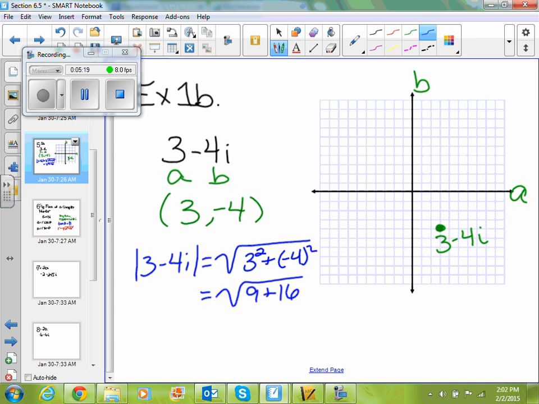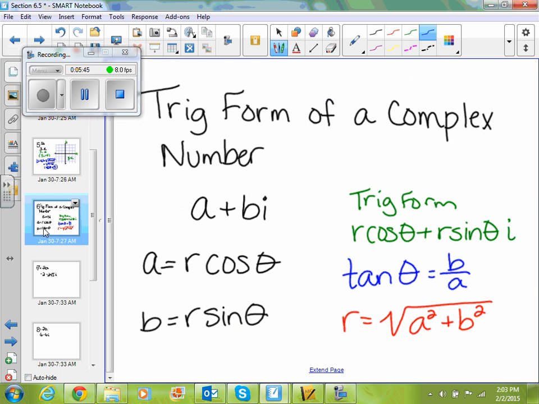Negative 4 squared is 16. 9 plus 16 is 25. And the square root of 25 is 5. So my absolute value is 5. Okay, so graphing, finding the absolute value, pretty easy.